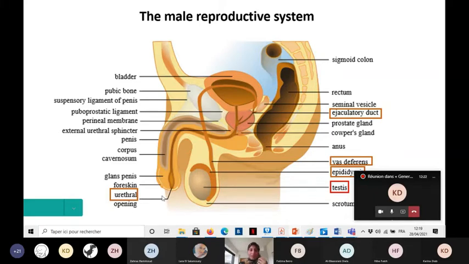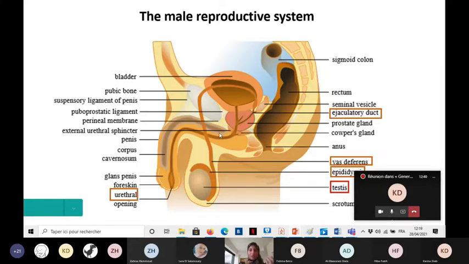Then we have the urethra. The ejaculatory ducts will fuse into one duct called the urethra, and the urethra opens at the end of the penis.